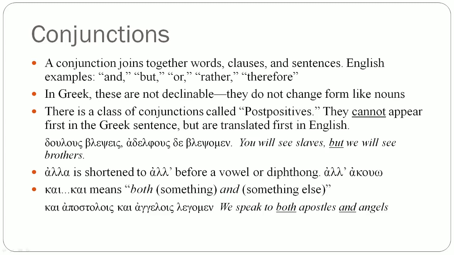We speak to both apostles and angels. So that's what that kai means. You'll see that at the very bottom of your vocab list. And if you had any questions on what that meant, that's what it is. Okay, so both, and then stuff has been left out. Both something, whatever was left out, and then something else. Okay, that's kai kai.